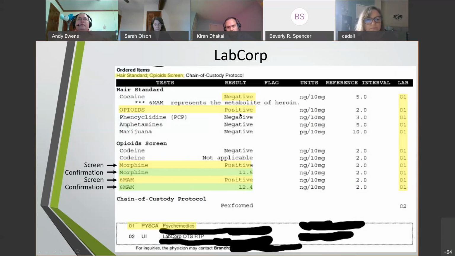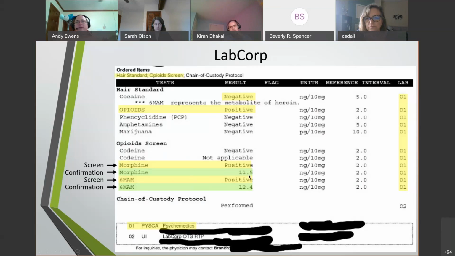So here we've got a positive for opiates, and then they break this down further. Apparently they have a separate screen for morphine and 6-monoacetylmorphine, which is a marker for heroin. And that's kind of unusual to see a specific screen for monoacetylmorphine. They must have very specific antibodies for that. And then they report the confirmation.